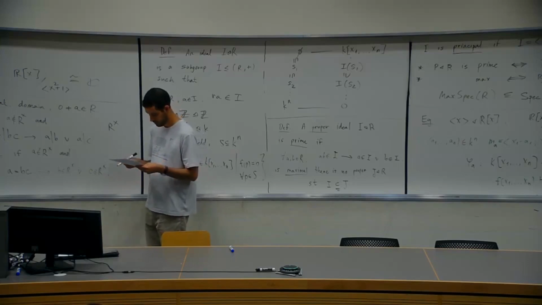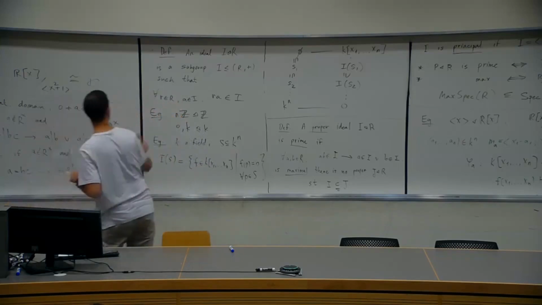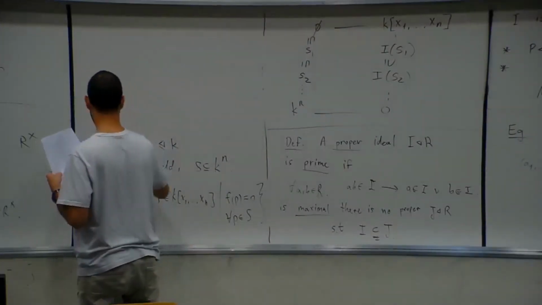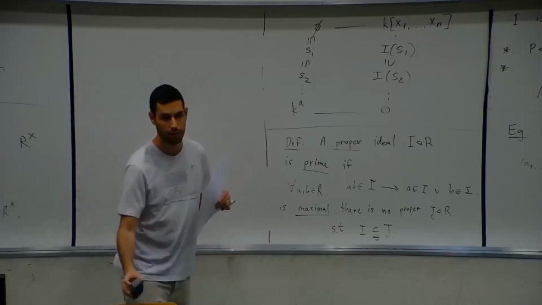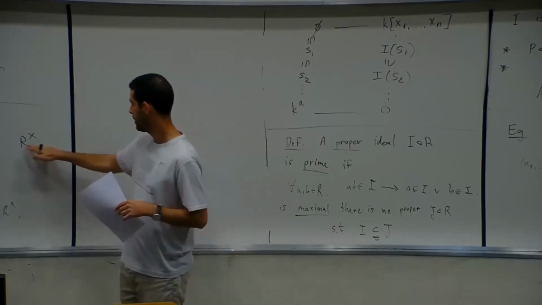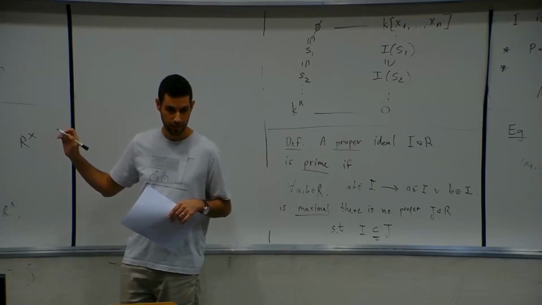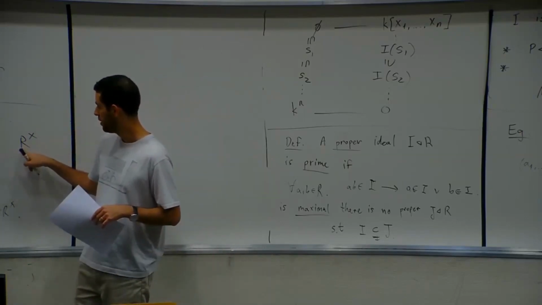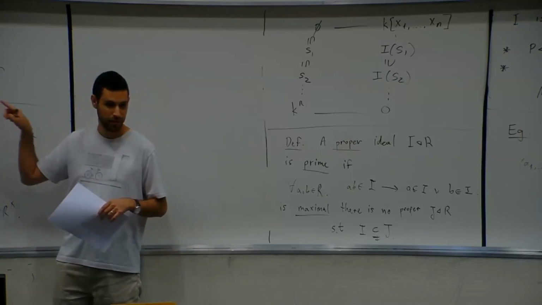Okay. And can you define a unit, just to educate me? A is a unit if there exists b such that ab is 1.